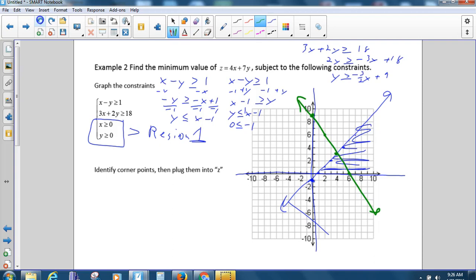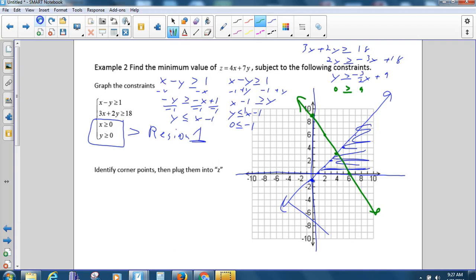And you can almost bet where the region is going to be because we're trying to find an enclosed area, but not always. So let's test real quickly. I'm going to test 0, 0. 0 is greater than or equal to 9. True or false? Well, that is false.